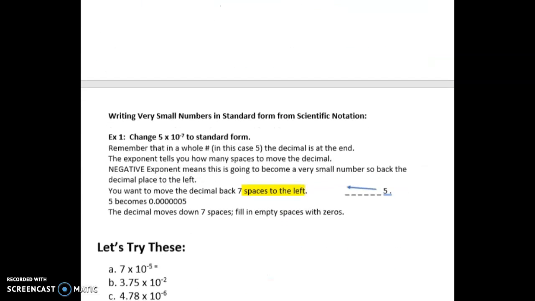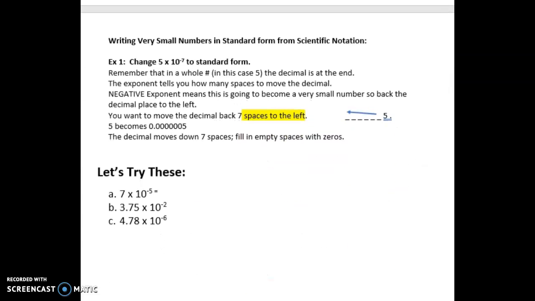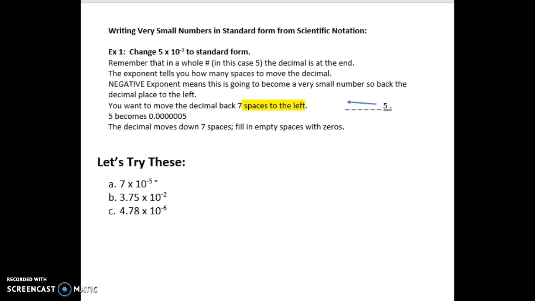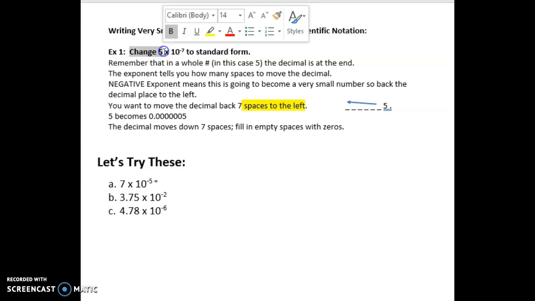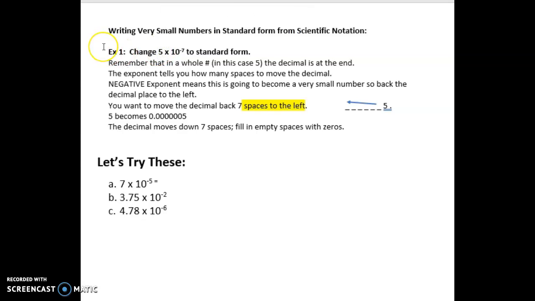So we can also write the standard form from scientific notation. So remember that when we have scientific notation, the first number is always a single digit number in between 1 and 9 times 10 to a certain exponent. Here, my whole number is 5, and the decimal is at the end of 5.